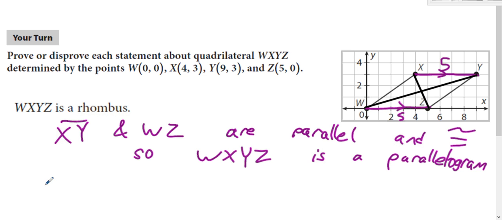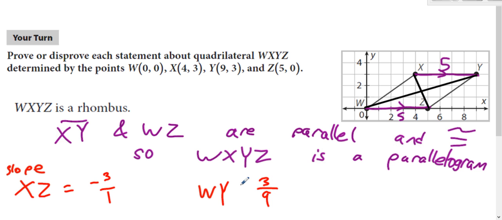So we need the slope of XZ. It goes down 1, 2, 3 over 1. Down 3 over 1. There's a slope. Then we check the slope of WY. It goes up 1, 2, 3 and over 9. Up 3 over 9.